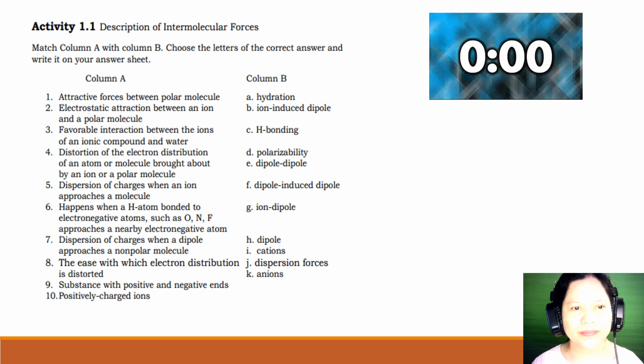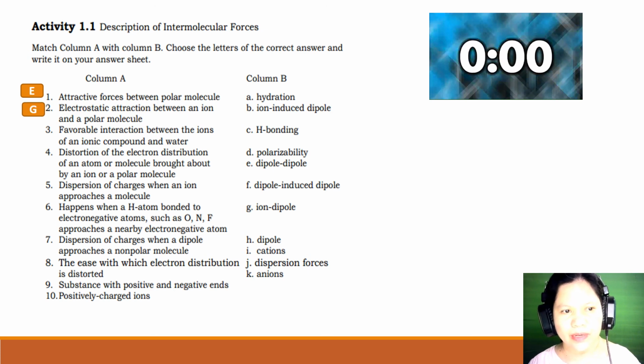So let's check. Number 1 is letter E, dipole-dipole. Number 2 is letter G, ion-dipole. Number 3 is letter A, hydration. Number 4 is letter J, dispersion forces. Number 5 is letter B, ion-induced dipole.